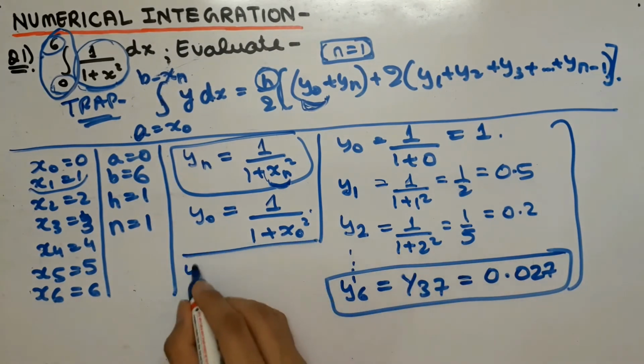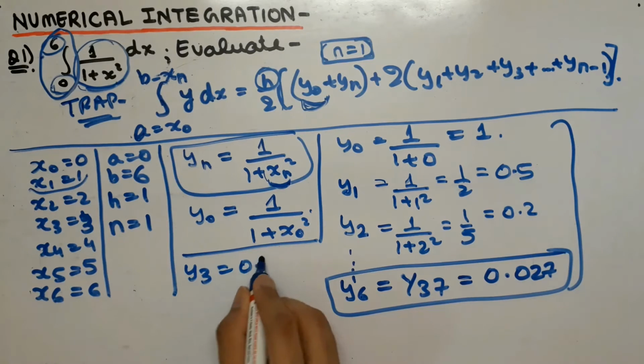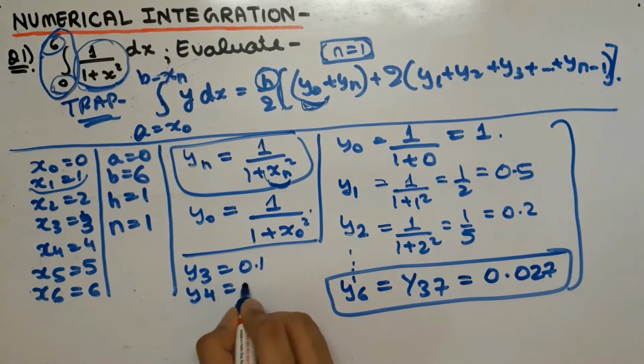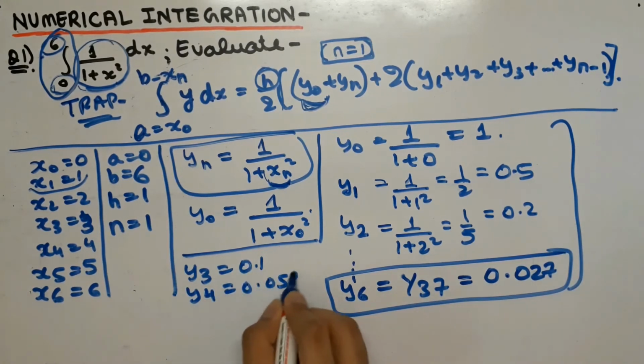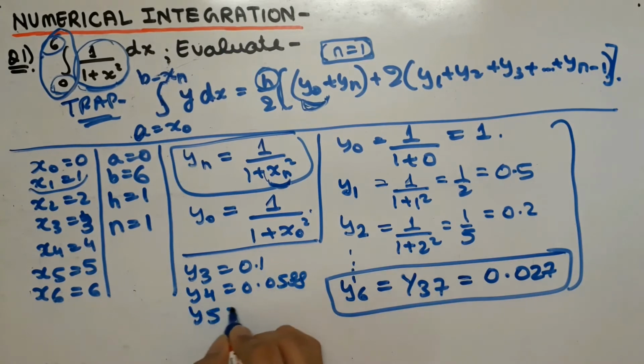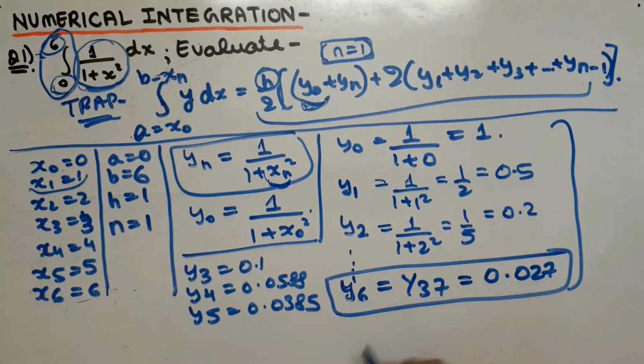They will come out to be: y3 will come out to be 0.1, y4 will come out to be 0.0588, y5 will come out to be 0.0385. Now you guys must have noticed that we have found out the values till n is equal to 6. That is, we have found out y6 and x6.